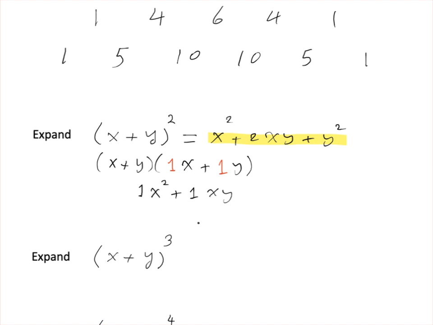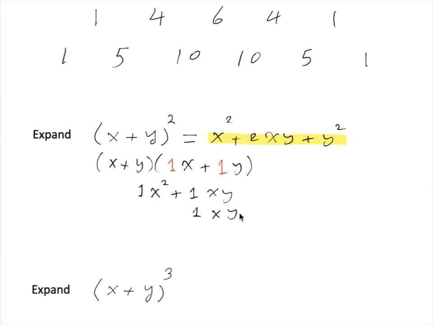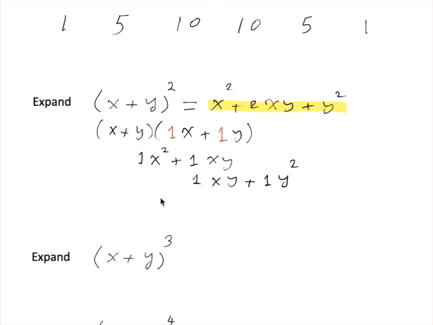Y times 1x would be 1xy again, or yx, the same thing, plus y times 1y would be 1y squared. Now when you add these, there's only one x squared, so that's 1x squared, plus here you have 1 plus 1, which is 2 times xy, and then plus 1y squared.